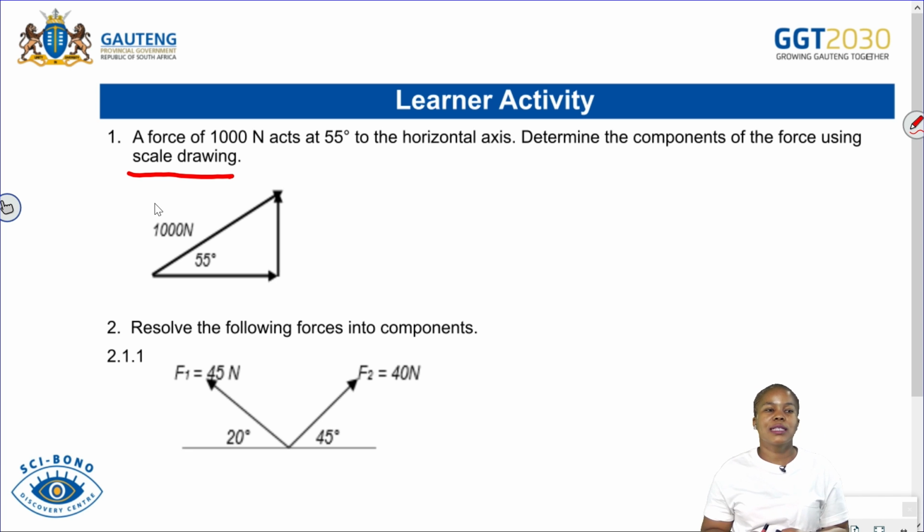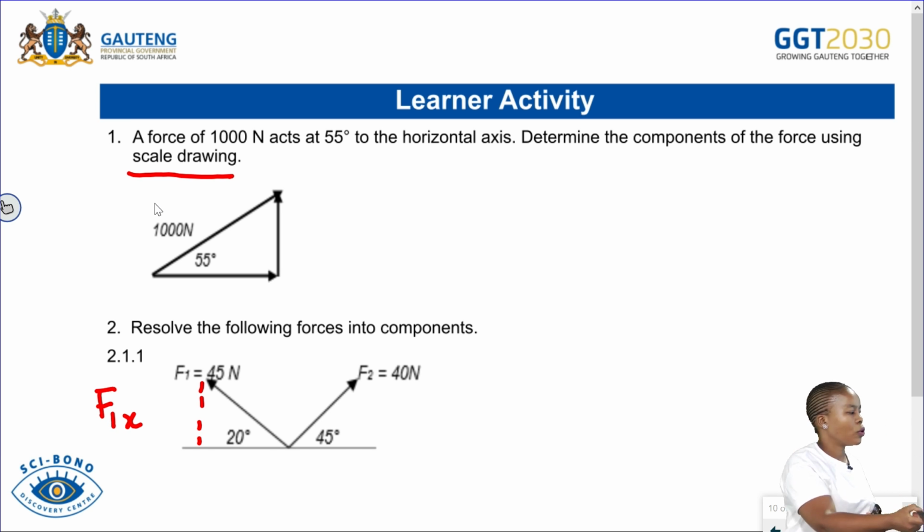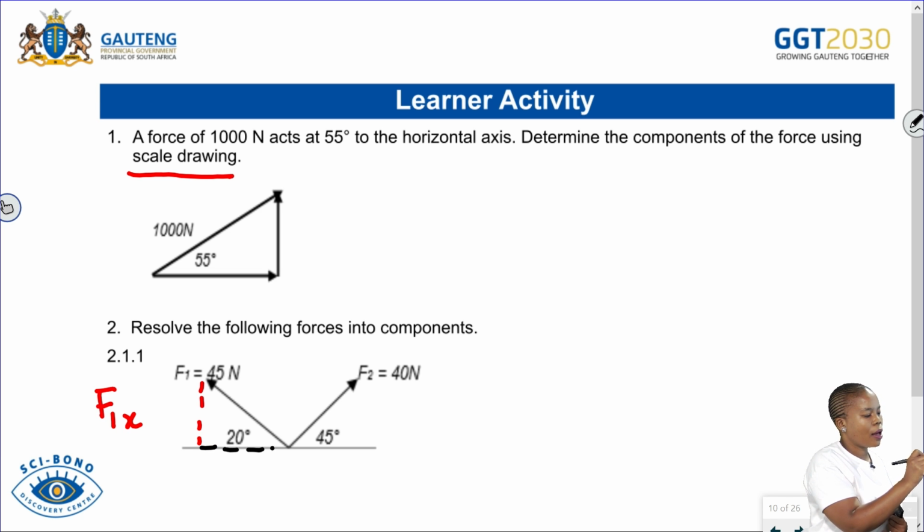Number two says resolve the following forces into components. We've got two forces: F1 acting at 20 degrees to the horizontal, and F2 of 40 newtons acting at 45 degrees to the horizontal. We need to resolve F1 into F1x and F1y.